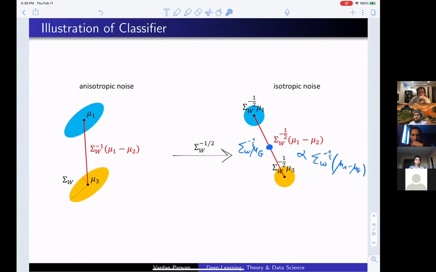So the bias would basically dictate where exactly the cutoff is beyond which you would assign something to class 1 or class 2. For example, if you have a hyperplane here or a hyperplane here, that would depend on the bias. It just dictates where this hyperplane is.